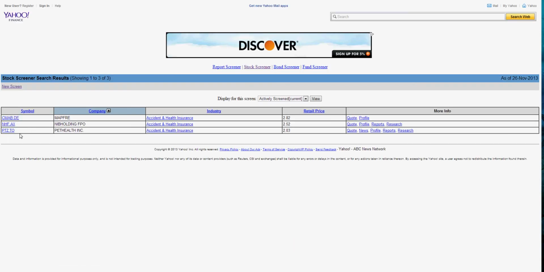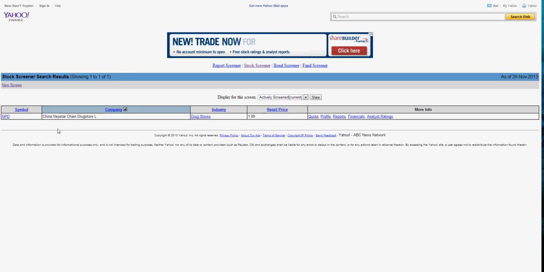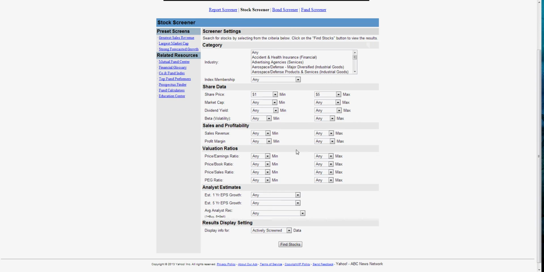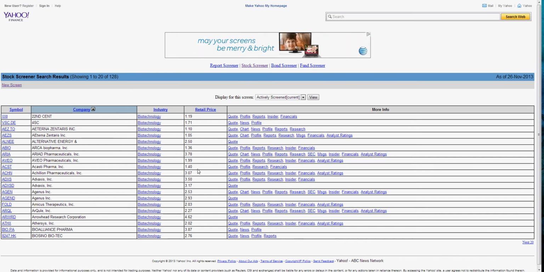in Yahoo Screener. Okay, you see here it's very difficult. You go there and you put your industry, you fill everything, and then, for example, let's say I go to wholesale, find stocks. Sometimes you don't find companies that are at $1 for wholesale because these companies are too big.